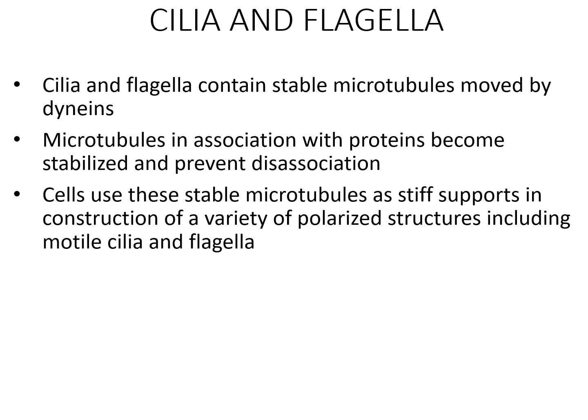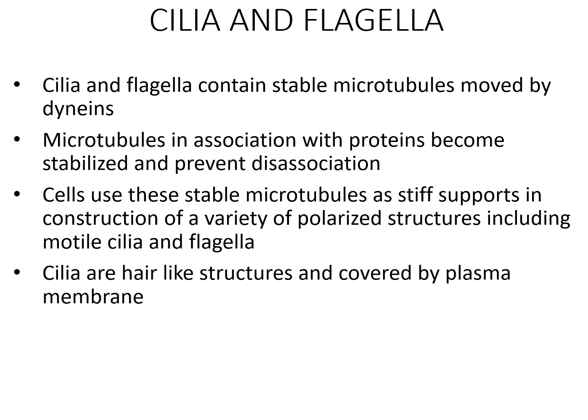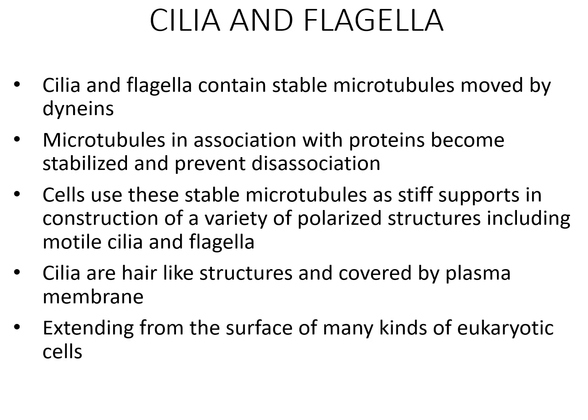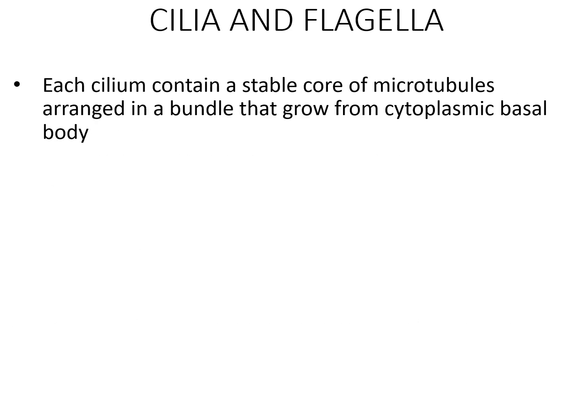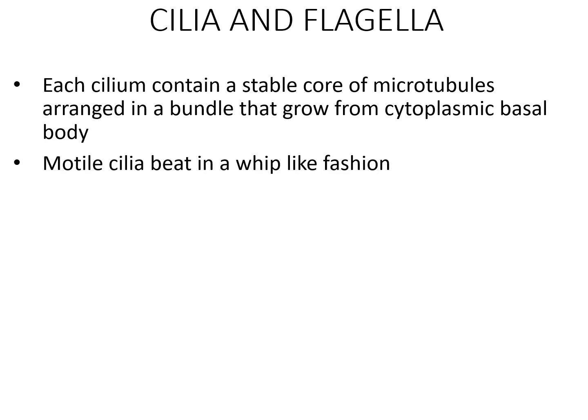Sometimes cells use these microtubules in flagella. When they use them in flagella, they are involved in movement of those cells, like swimming-like motions. Each cilium contains a stable core of microtubules arranged in a bundle that grows from the cytoplasmic basal body.